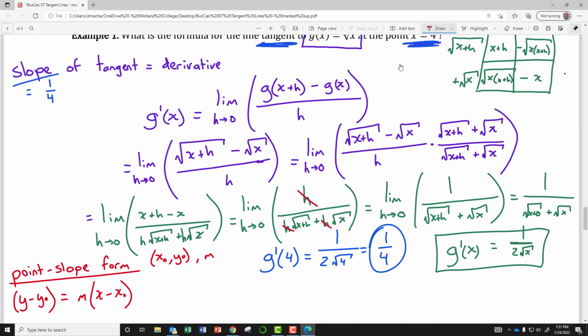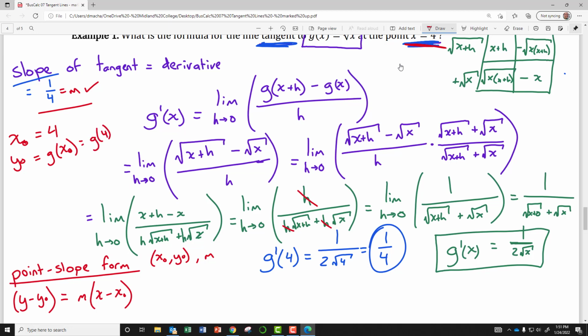So now we actually know the slope of our tangent line, and we know the x-coordinate of our point. We wanted to find it at x is equal to 4. But what is that y-coordinate? Well, this would just be our function g evaluated at x naught, so this would be g of 4.